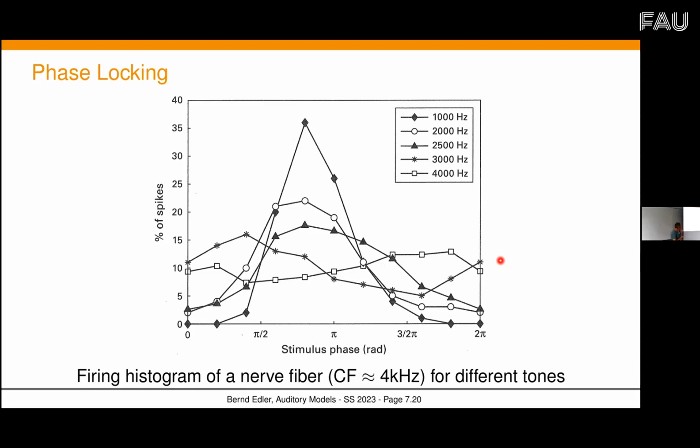But I think that's in correspondence with the voltages measured at the membrane of the inner hair cells. If there's no more direct variation of the voltage, then it's quite less likely that the firing still depends on this periodicity, if the periodicity is no longer visible in the membrane voltage.